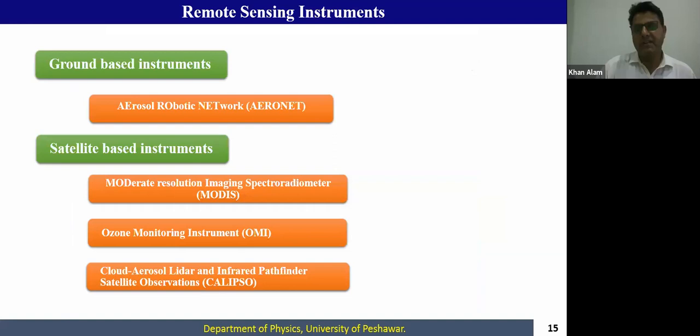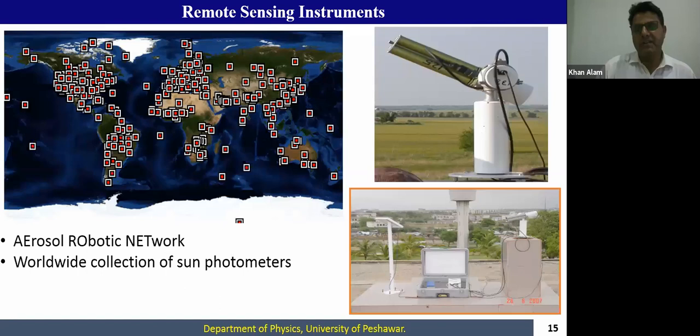However, we will cover some of the instruments, like the ground-based instrument, Aerosol Robotic Network, and some satellite-based instruments like MODIS, Ozone Monitoring Instrument, and CALIPSO. So I will give a short introduction of these sensors as well.